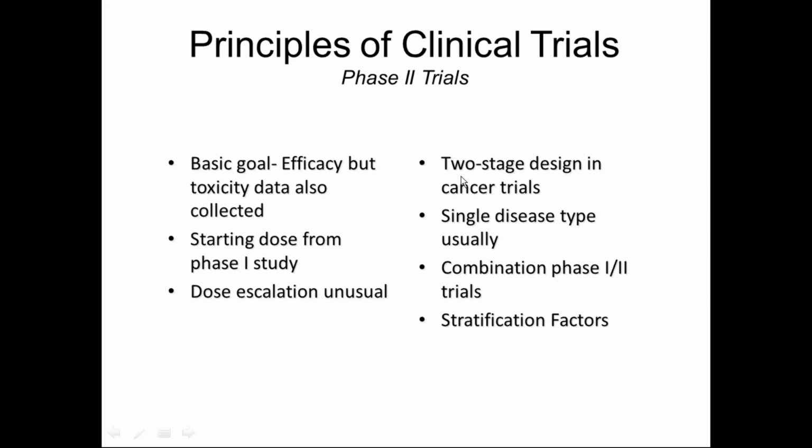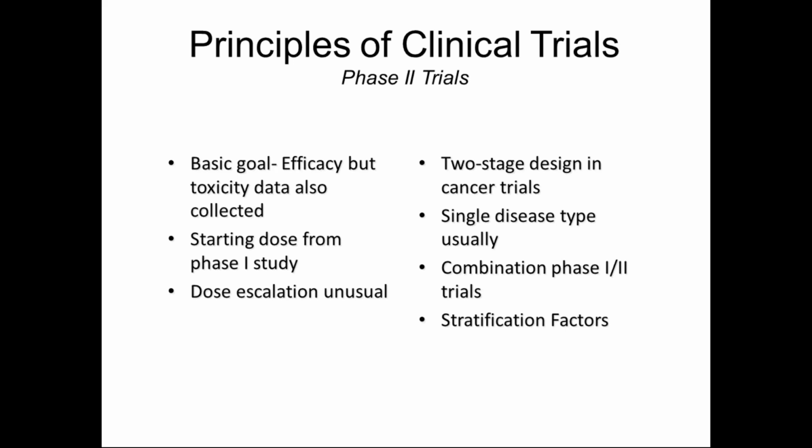A lot of times in cancer trials, you'll hear of something called a 2-stage design, and that basically means we're going to accrue some number of patients and then look to see if X number have what we want to see, tumor shrinkage by 50%. And if that happens, then we're going to go ahead and accrue everybody. Statistically, and Dr. Oster can refine that, we're going to be able to potentially answer this question.